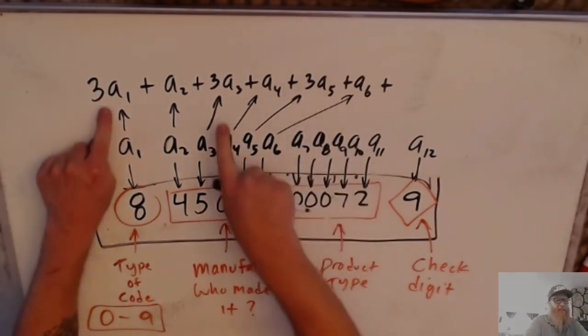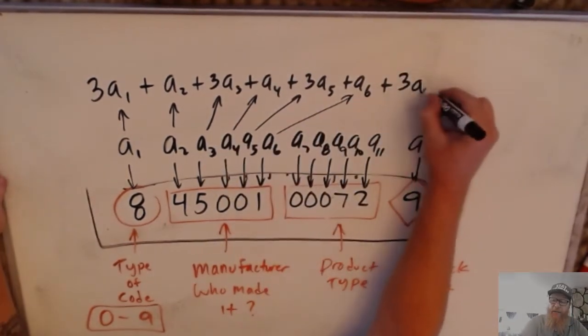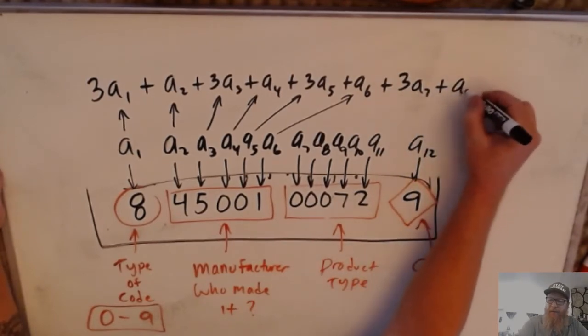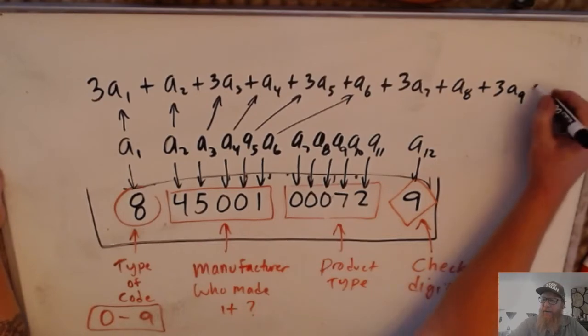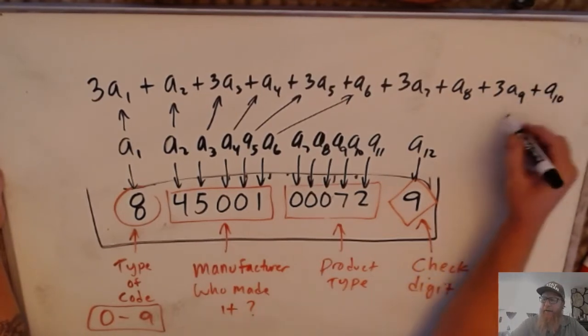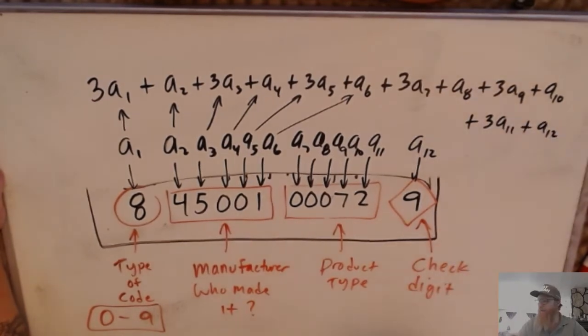All right, it's easy to remember. It's the odd ones, all the ones that have an odd index. So 3A7, and then A8, and then 3A9, and then A10, and then 3A11, and then A12.